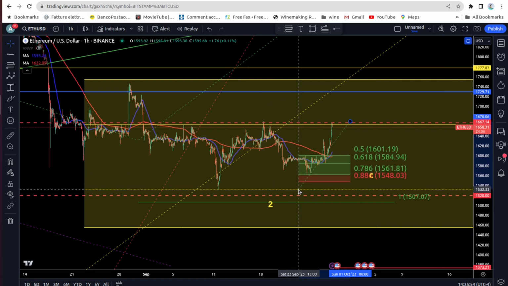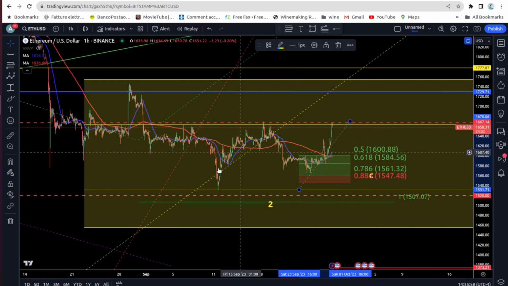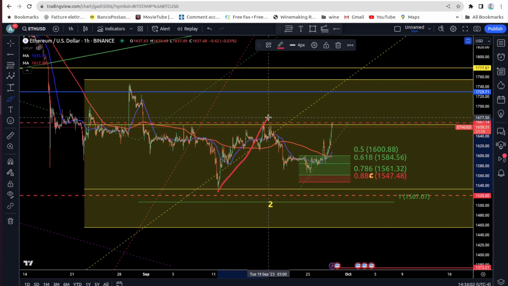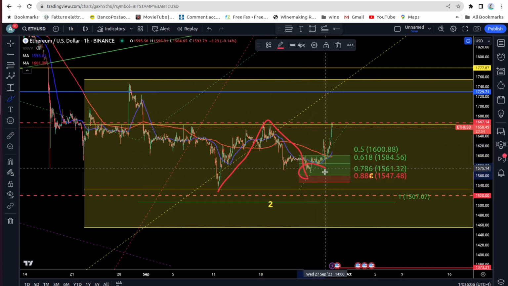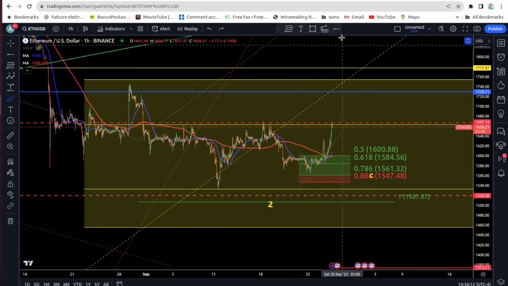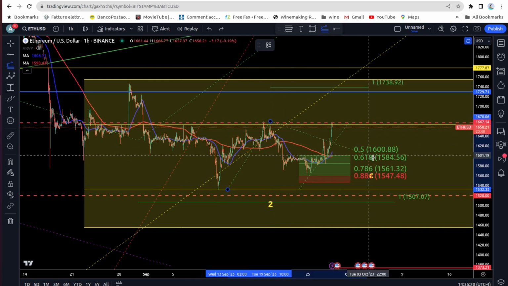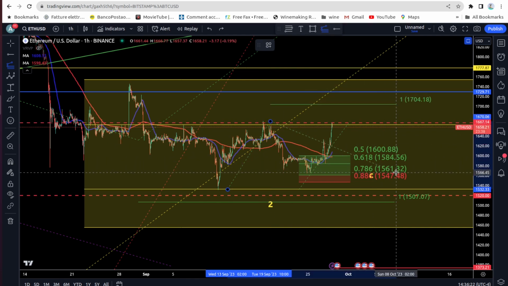I'm going to say that, let me take the brush again. So this is the wave 1 and maybe this is the wave 2, and actually it does work because we went almost to the 0.786, so that's excellent, right? Now I'm going to make a projection. What would be the price that the wave 3 should reach if this is the count?